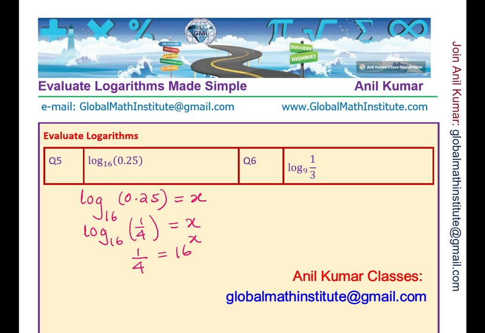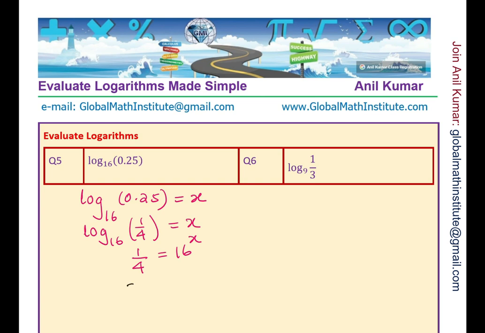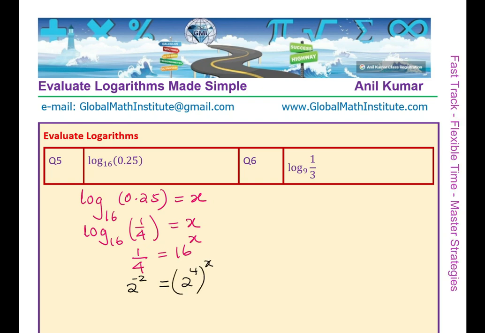So let's rewrite both of them as powers of 2. We get 1 over 4 as 2 to the power of minus 2, and 16 is 2 to the power of 4, and then we have the power of x. So now we have 2 to the power of minus 2 equals 2 to the power of 4x.